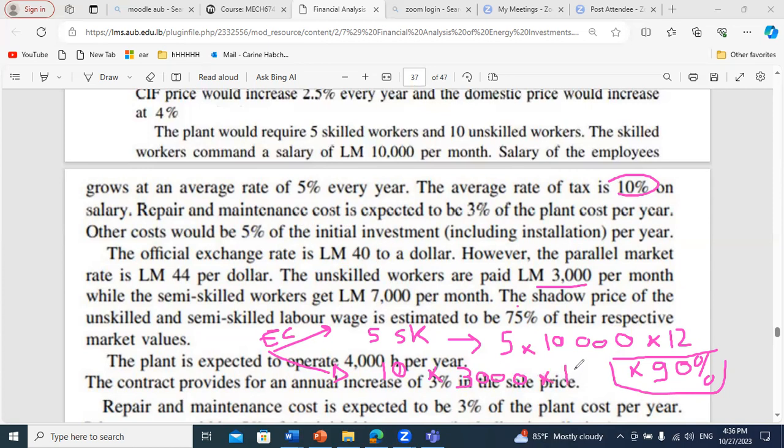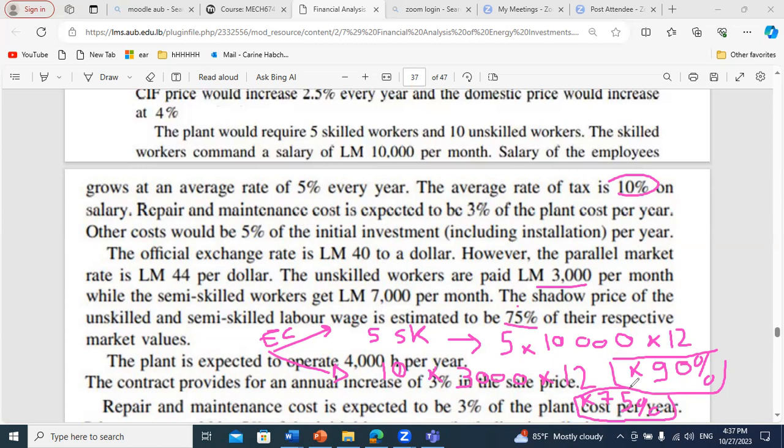And then since they told us that the shadow price of a labor wage is 75%, we should multiply by 75%. So this is for the economic analysis. While if we consider the financial salaries, the difference is that we don't consider the reduction. So we remove 90% and 75%. So this is about the workers.